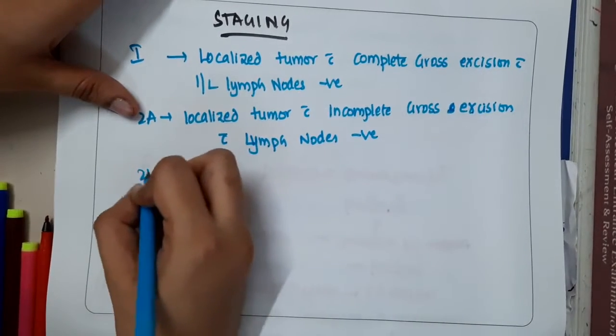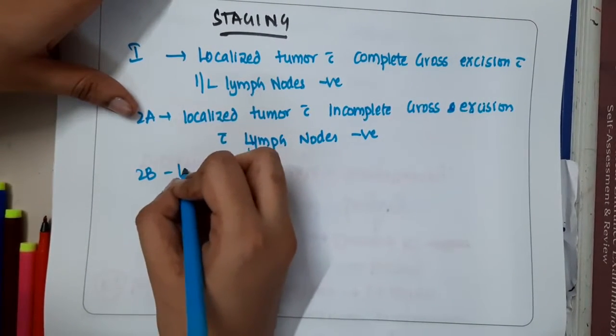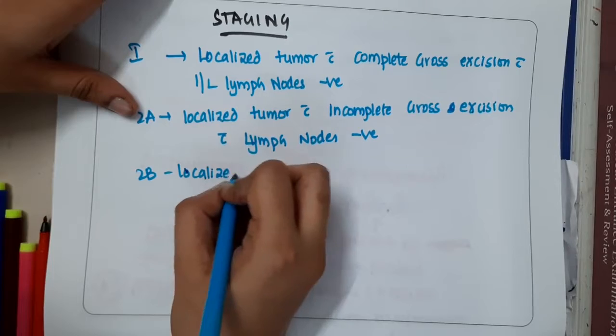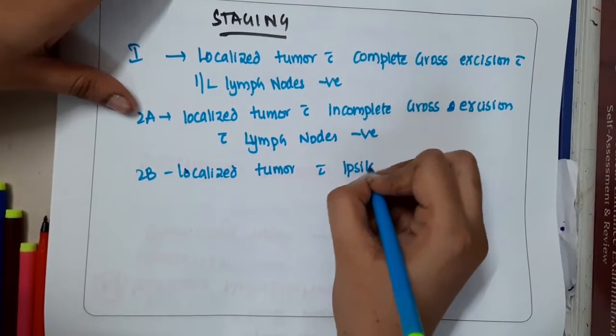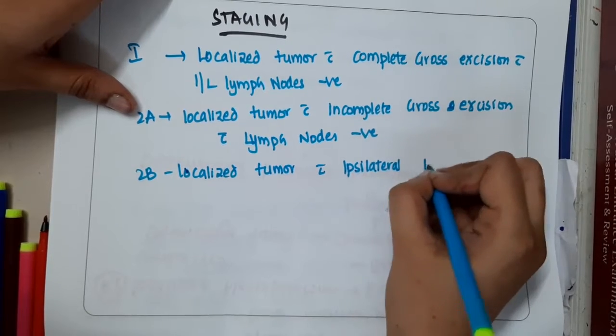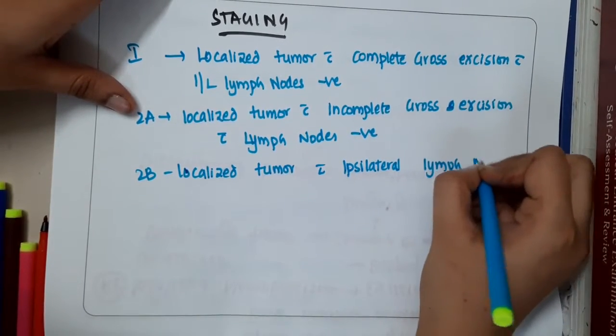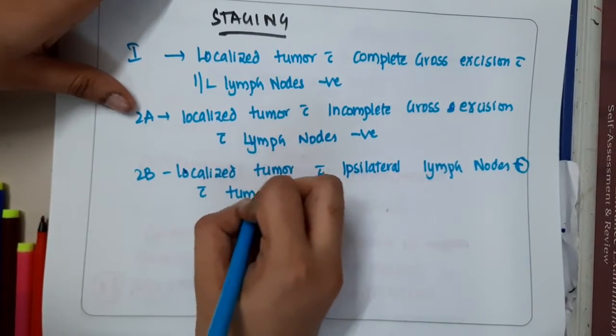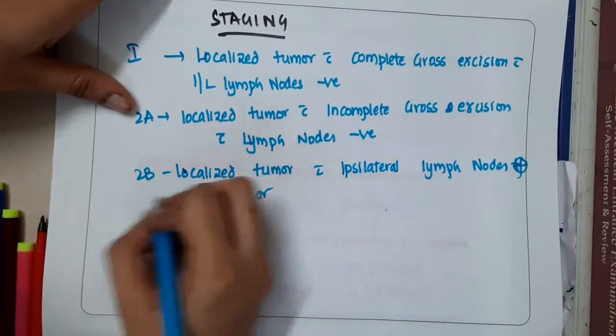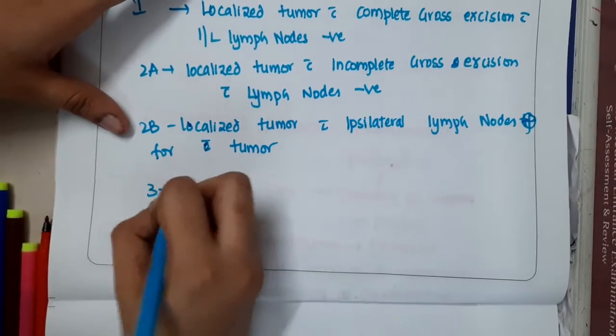Then we have stage 2B. Here also you will see a localized tumor, but here the ipsilateral lymph nodes are positive for tumor. Then we have stage 3.